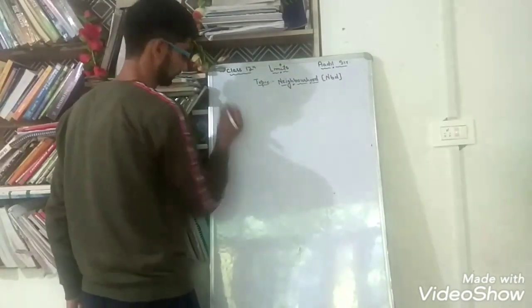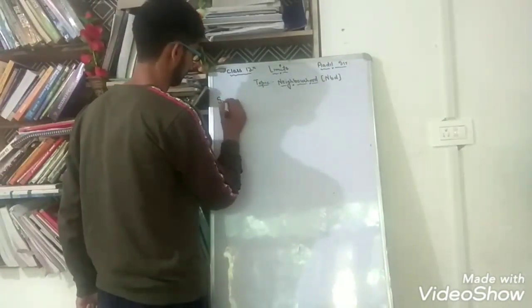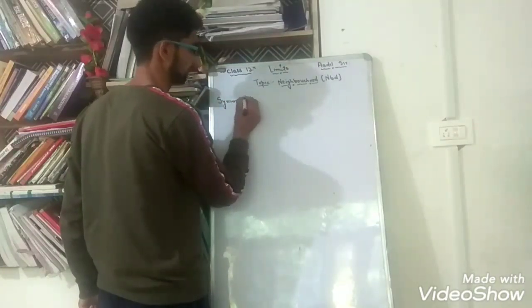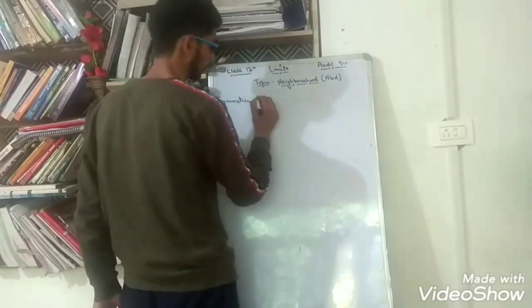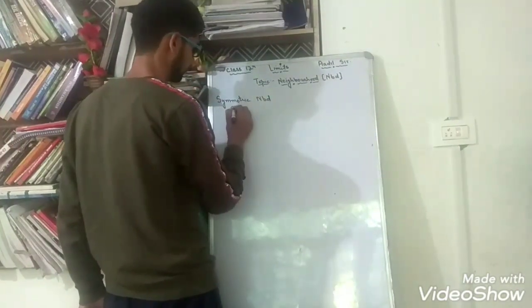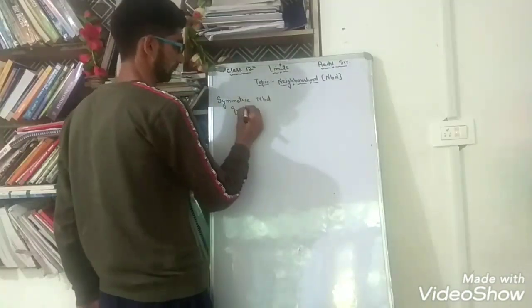Now we have another, that is symmetric neighborhood. Symmetric neighborhood of x.